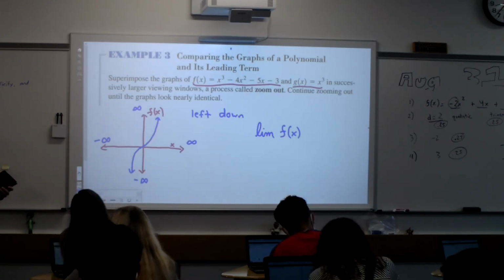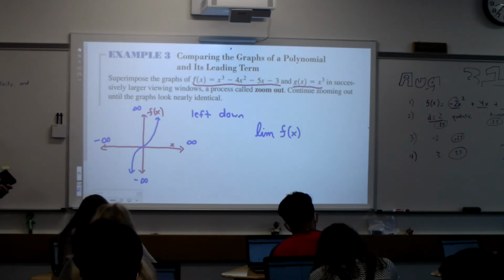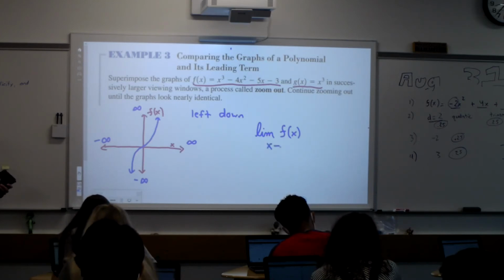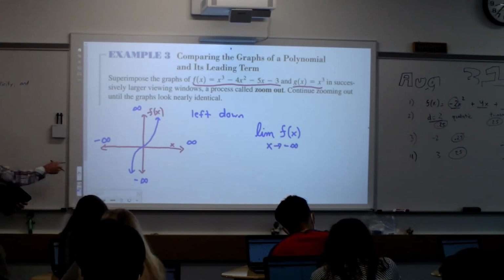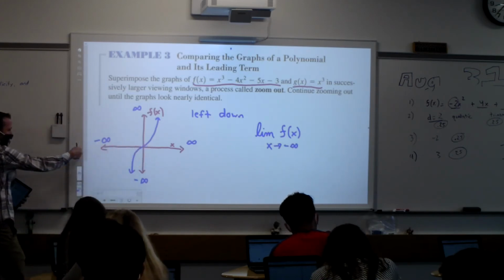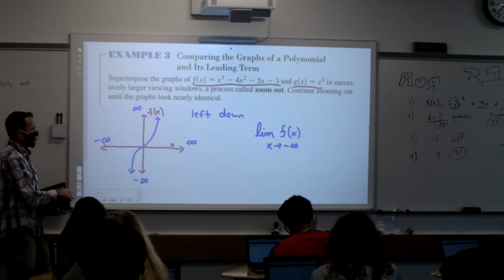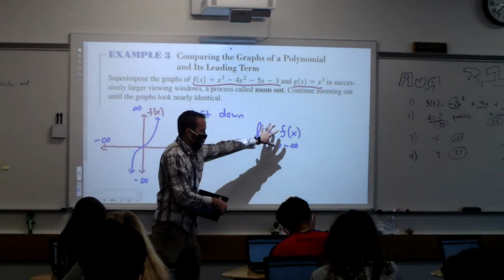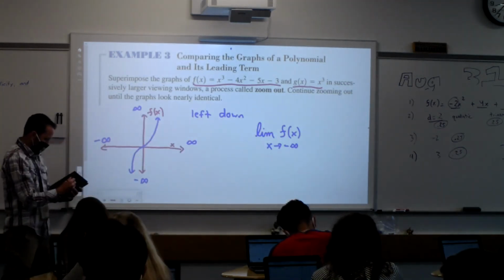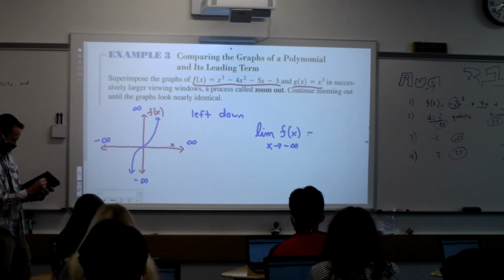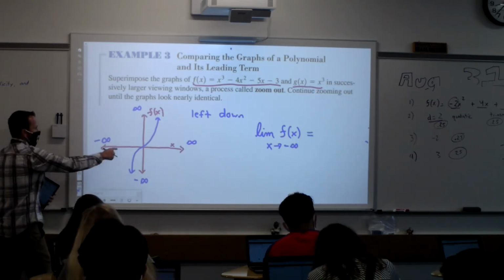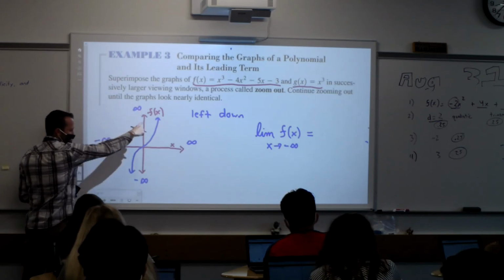But in order to say the left side, we're going to say that x is approaching negative infinity, because on the left side, x is approaching negative infinity. This is just a fancy way of saying, on the left side, our graph is approaching, and then we'll say what it's approaching. Was f of x going up or down on the left side?